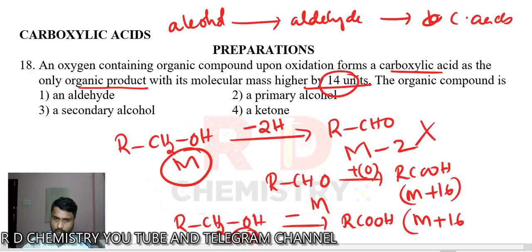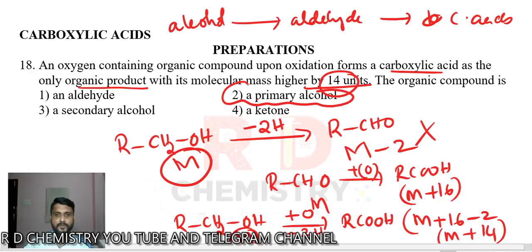So plus 16 minus 2, this is M plus 14. So primary alcohol directly oxidized gives the carboxylic acid with the molecular mass increased by 14 units, not 16 units. So the starting material should be the primary alcohol. So the answer is option number 2.